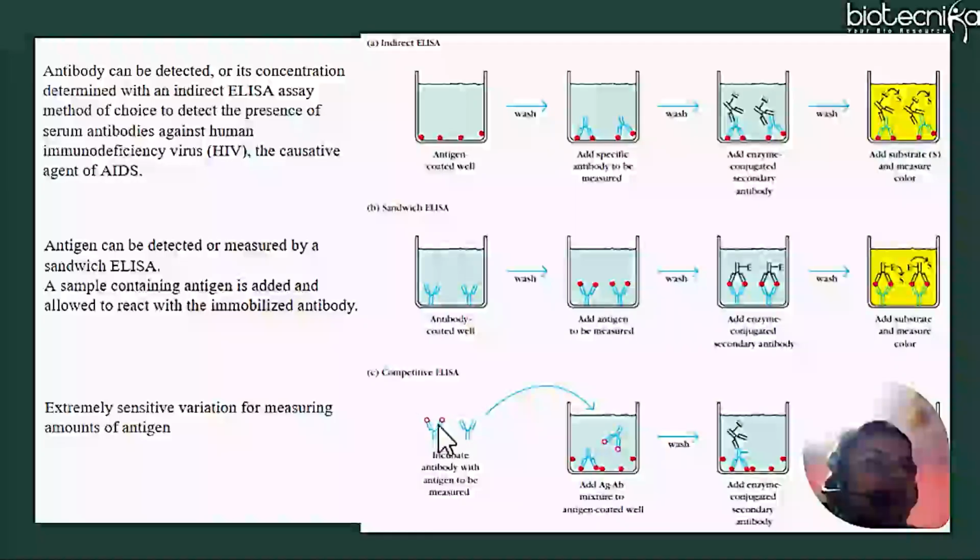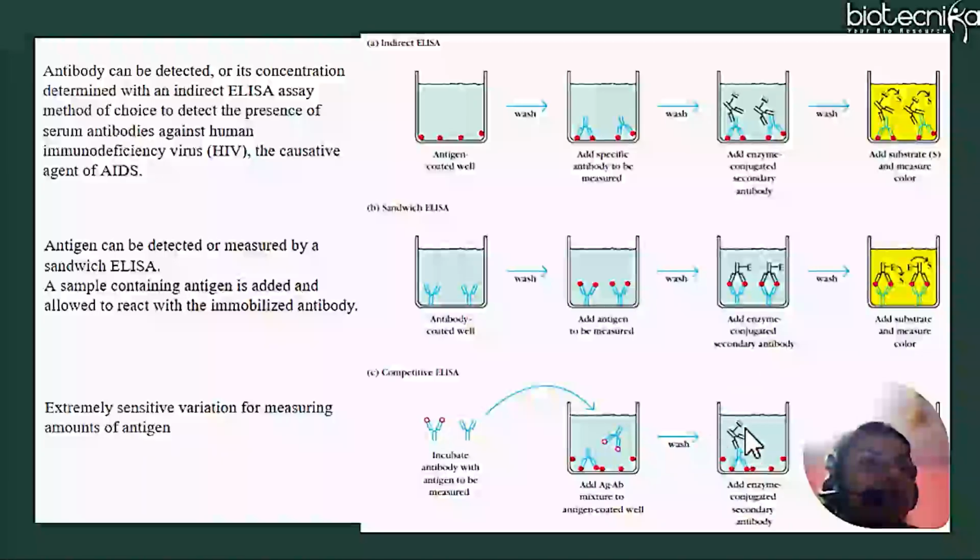So the moment you add these two antibodies inside, remember, the one which is already incubated or bound with an antigen cannot go and react with these red antigens, because its site is already filled. The one which is empty, this only will go and bind to the antigen which is coated on the well. You wash off anything excess. So the one which was pre-incubated with an antigen just gets washed off.